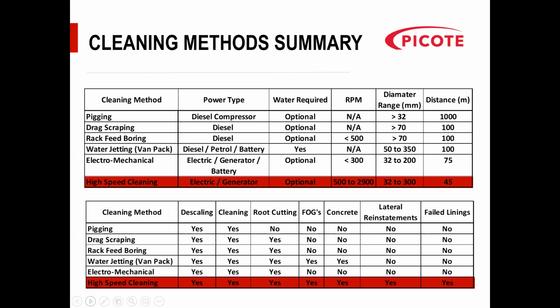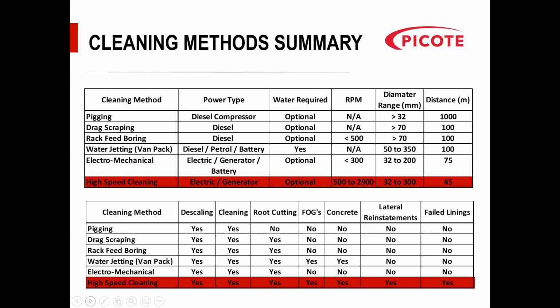The electromechanical machines either use electric or a generator, and a few of the manufacturers on the smaller machines now have battery operated machines. When you look at high speed, generally the high speed machines either plug into the power supply or you run them off a generator. Optional use with electromechanical, it's optional to use water.